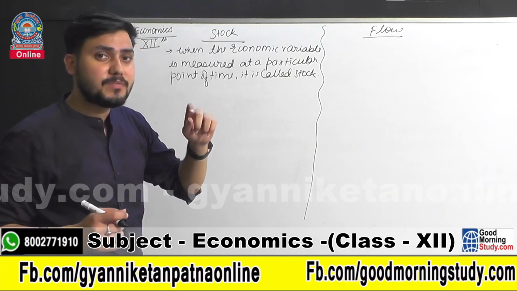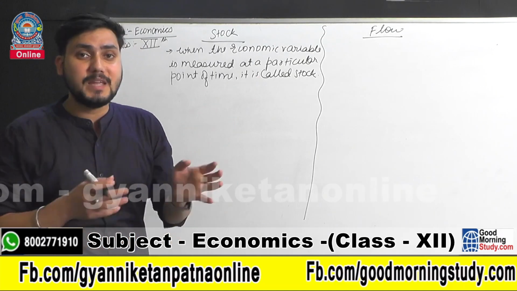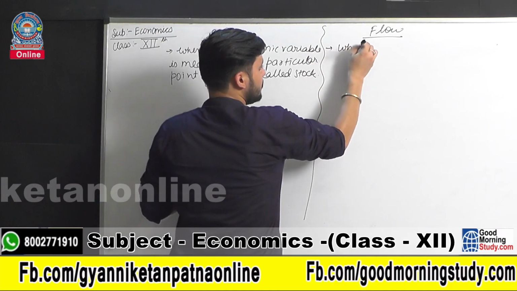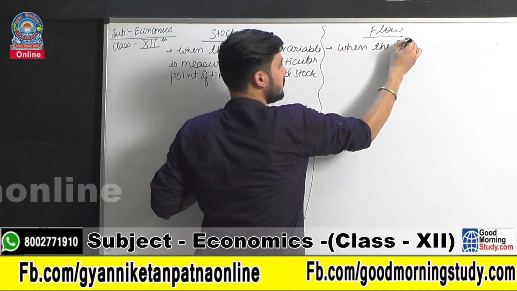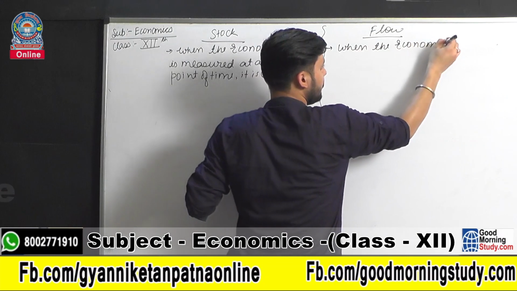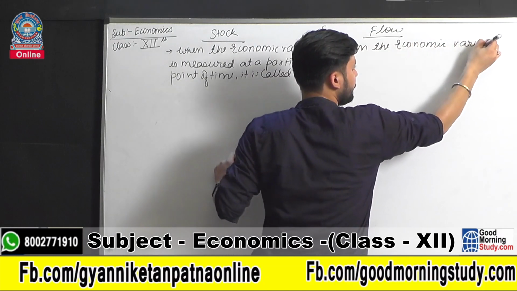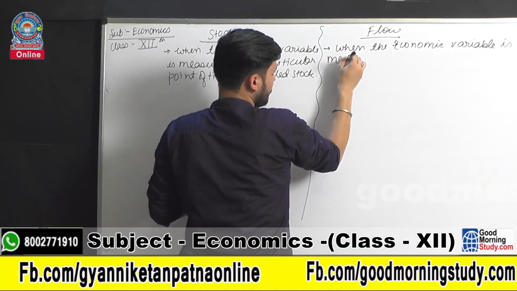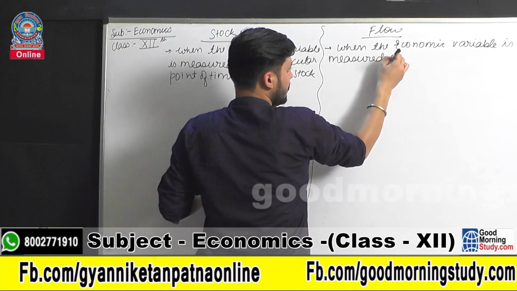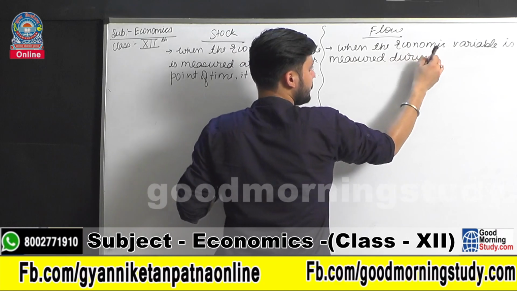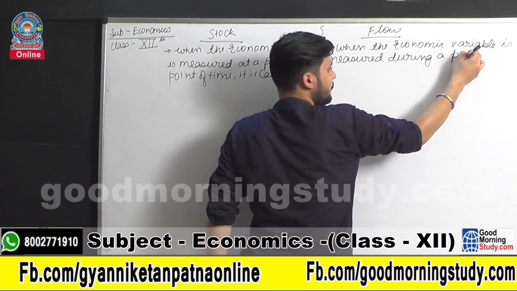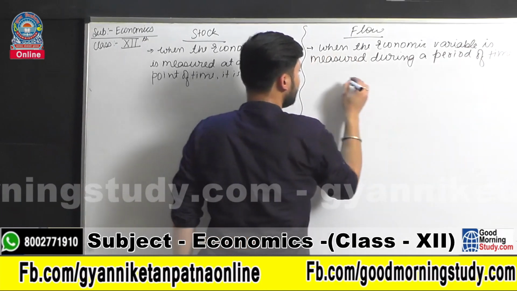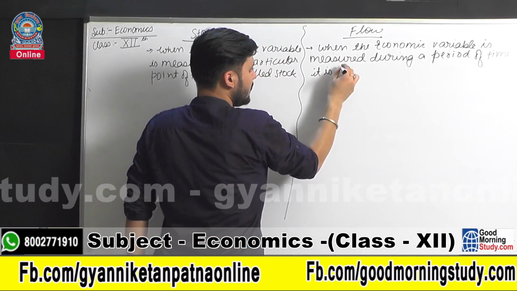And if any economic variable whose value is measured during a period of time, it is called flow. So when the economic variable is measured during a period of time, it is called a flow variable.